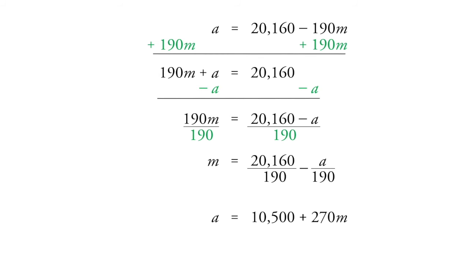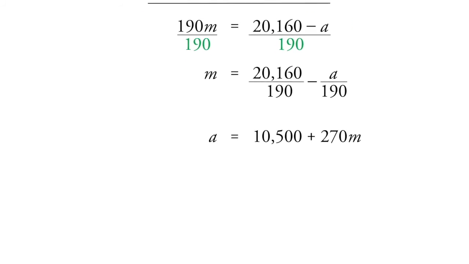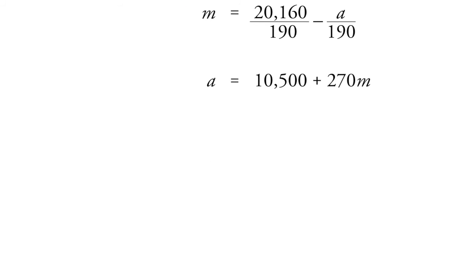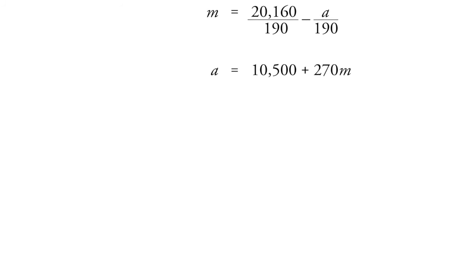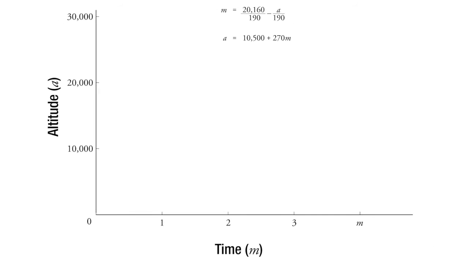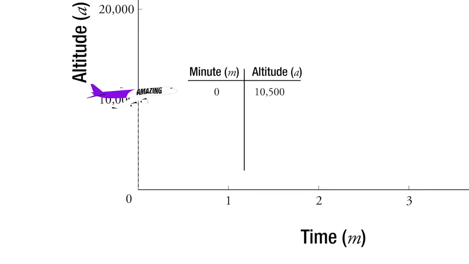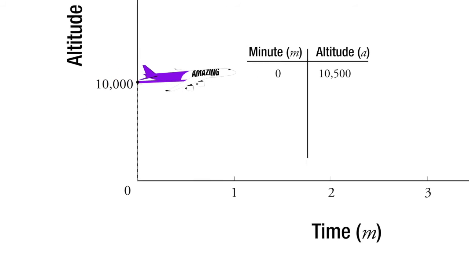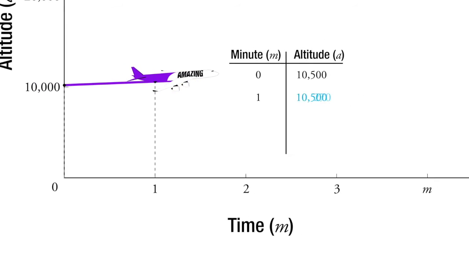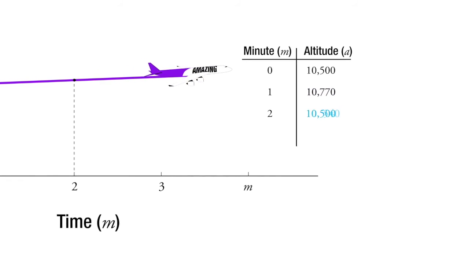So now we'll rewrite the second formula, which was a equals 10,500 plus 270m. Again, we're never losing sight of what that formula means. It means the altitude of the second plane is equal to the height that the plane started at when we started paying attention, plus 270 feet higher for each minute that goes by.